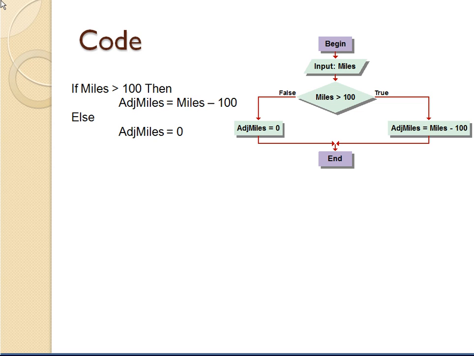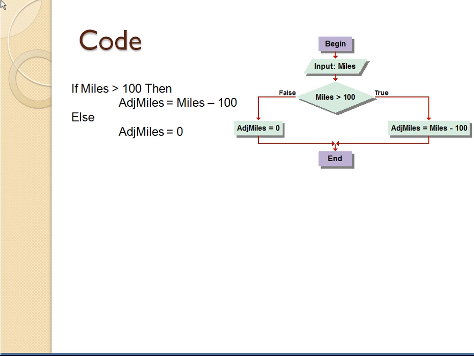In other words, whatever is on the right side of the equal sign will be put into whatever's on the left side. So miles minus 100, if miles was 285, then 285 minus 100 is 185. 185 is going to go in ADJ miles, adjusted miles.